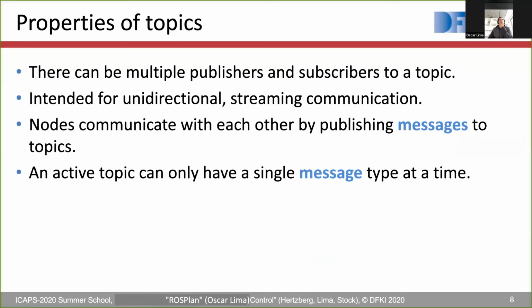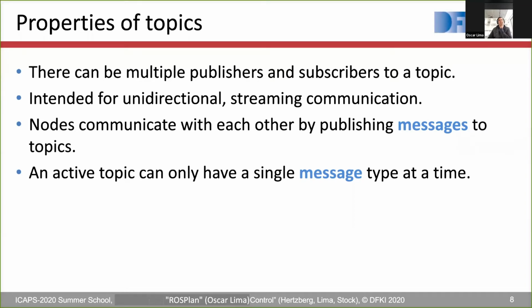Yeah, so some properties of topics: there could actually be multiple publishers and multiple subscribers to a topic. This is one property. It's intended for unidirectional communication. So let's say if I'm publishing a topic, I cannot, well, I could subscribe, but maybe it wouldn't make much sense to do that.